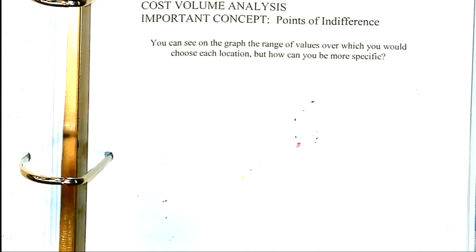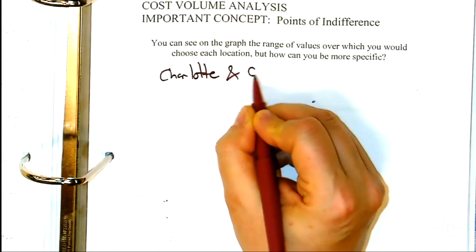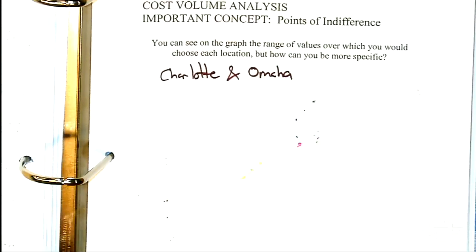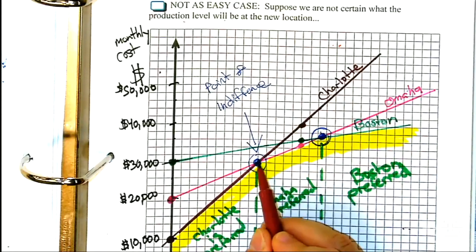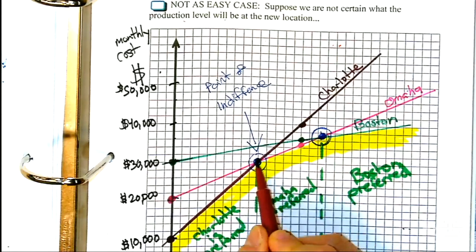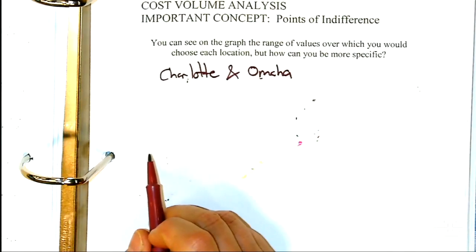One of them is between Charlotte and Omaha, right? Now notice not every pair of candidates produces a point of indifference, but there's definitely one between Charlotte and Omaha. And I'm just asking myself, when is the cost at these two locations exactly the same?